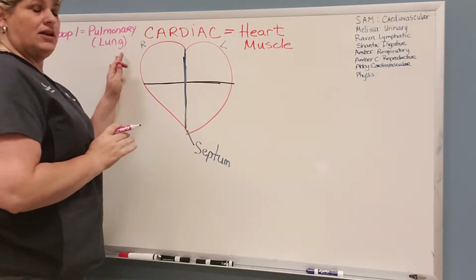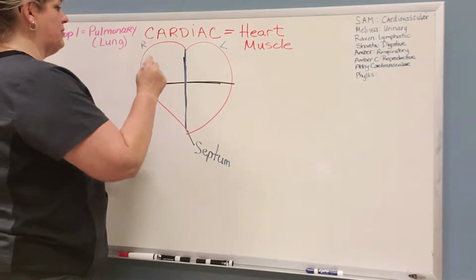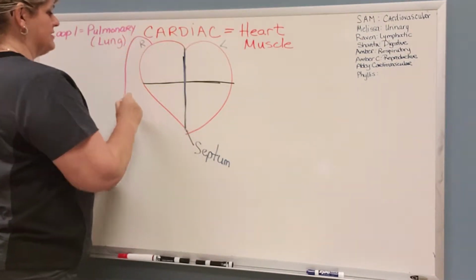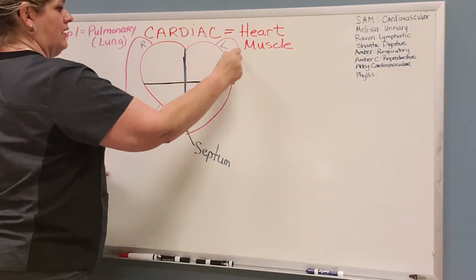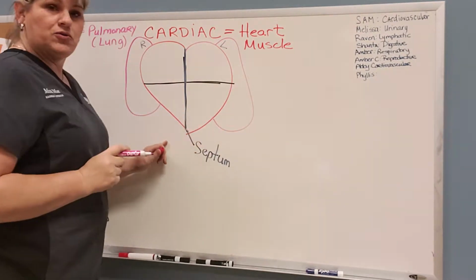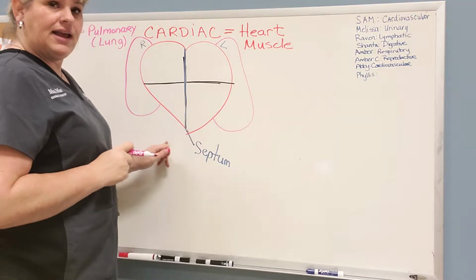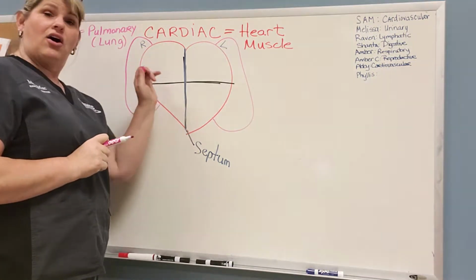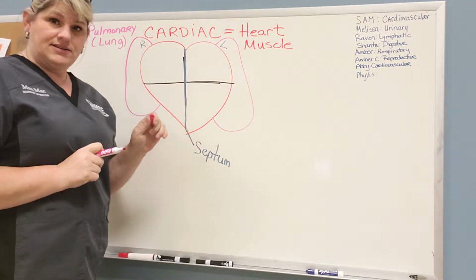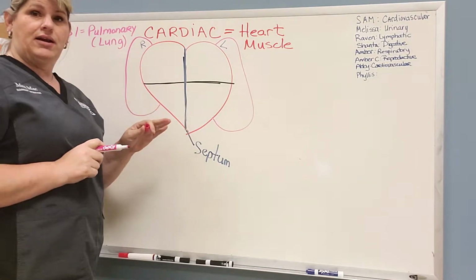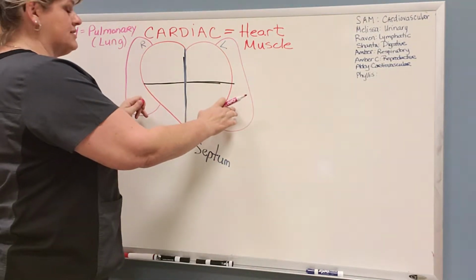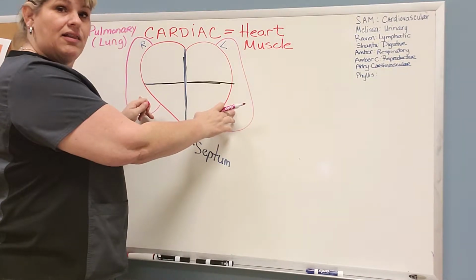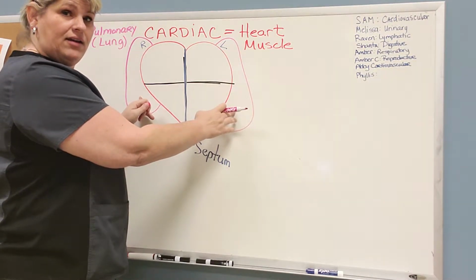So the pulmonary loop, which is the first loop, also contains the lungs, hence pulmonary. Now, most people think that the blood gets reoxygenated in the heart muscle. It doesn't. That's why it's called pulmonary loop, because it actually gets reoxygenated in the lung, not in the heart. Very important to remember that.